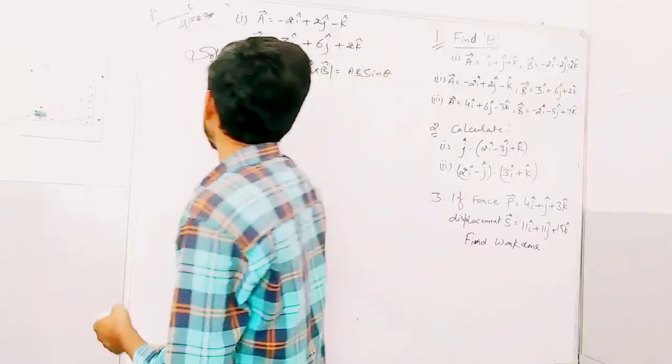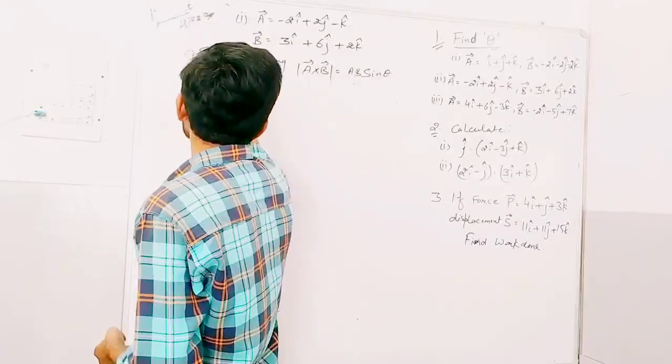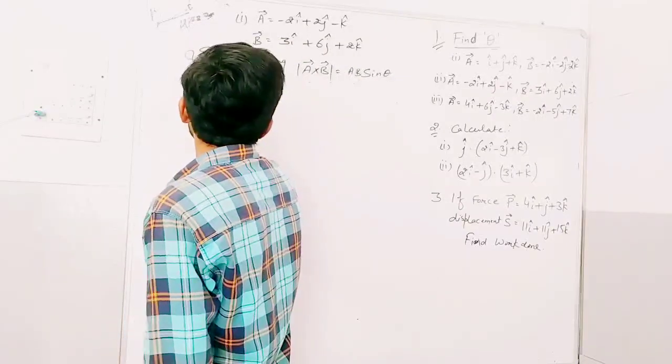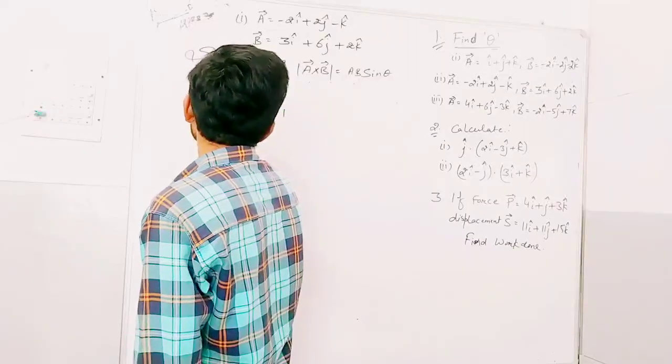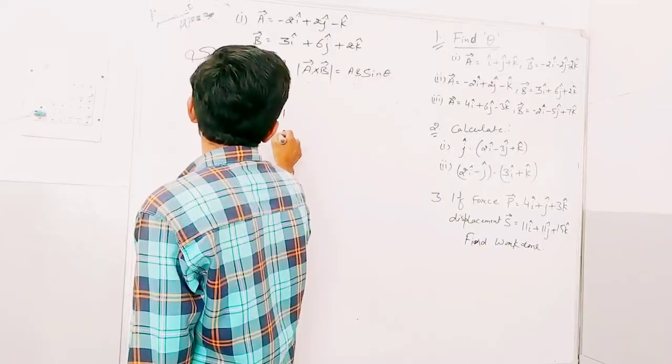You have to keep in mind the calculation of this cross product. Let's do it. i j k, -2 2 -1, and here we have 3 6 2.